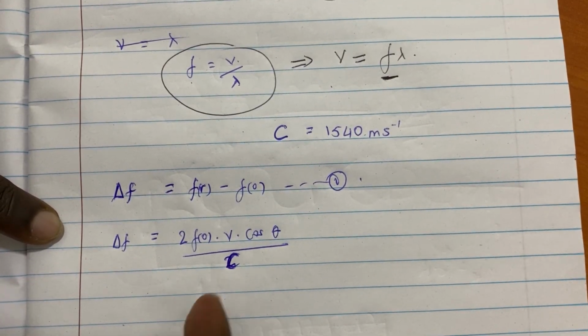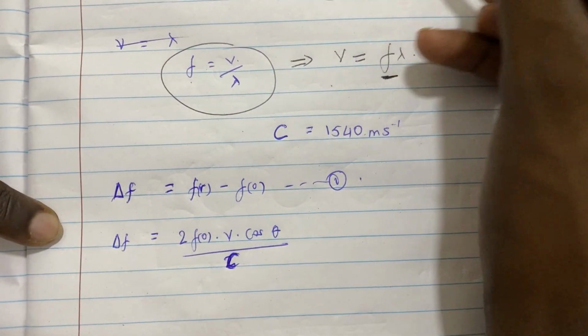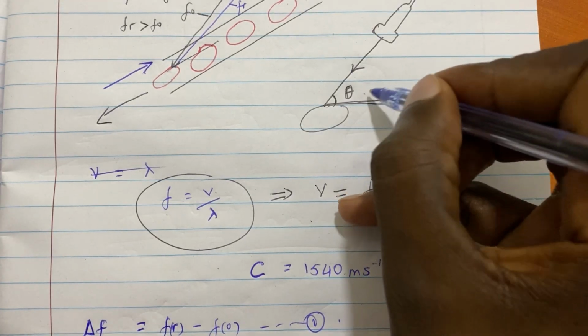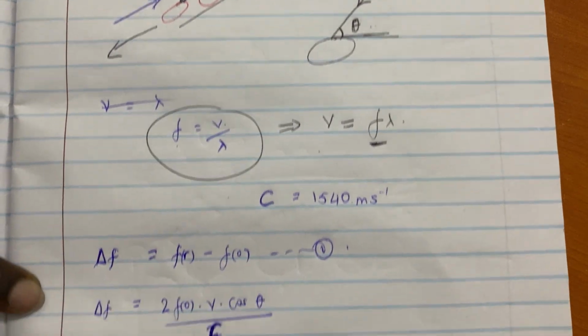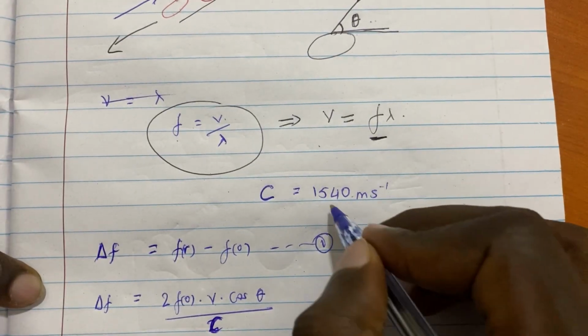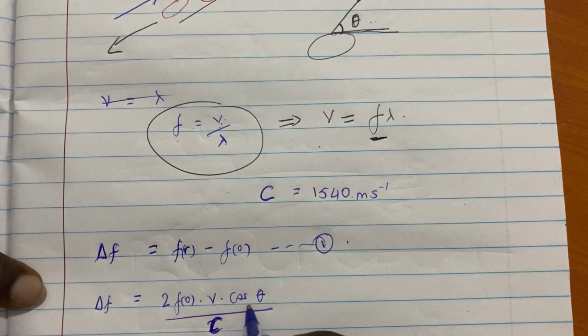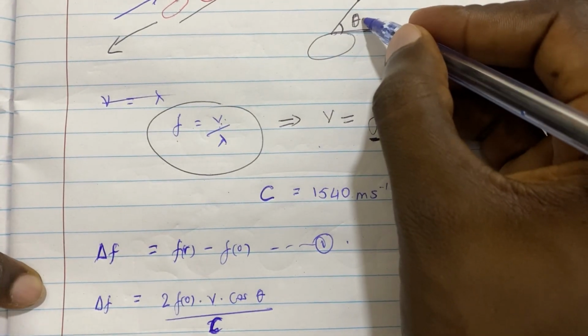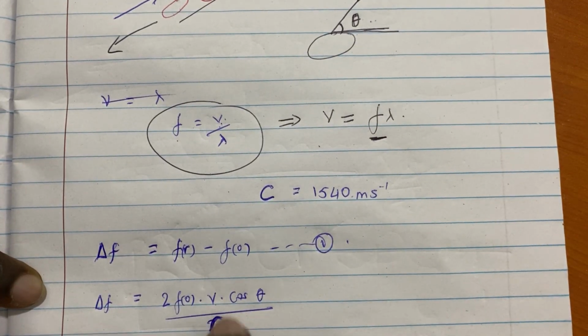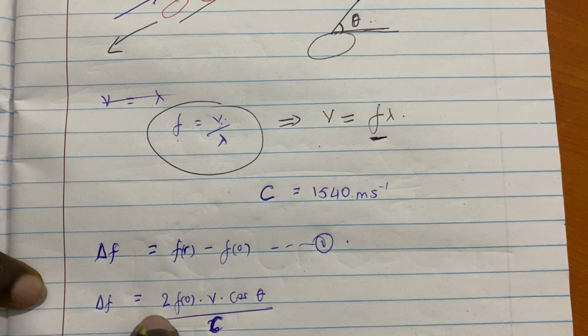I told you about this theta, that it is very important. And then I've told you about this V, where it is coming from, velocity. And then this cos theta, this angle theta here, we introduced a cosine of it.